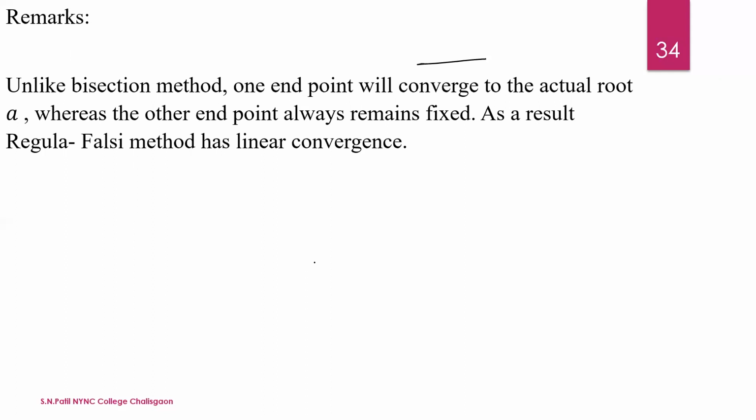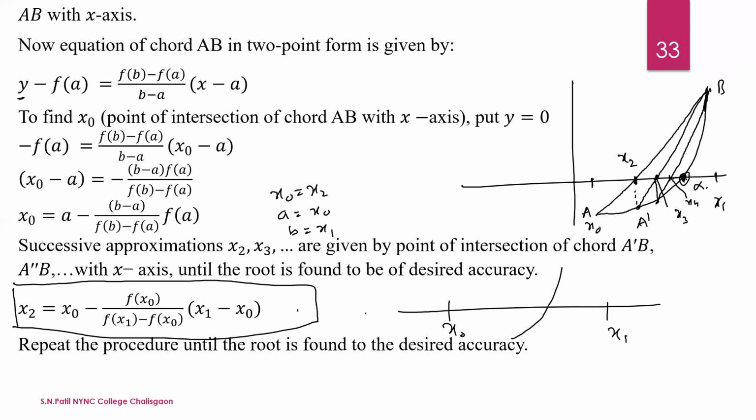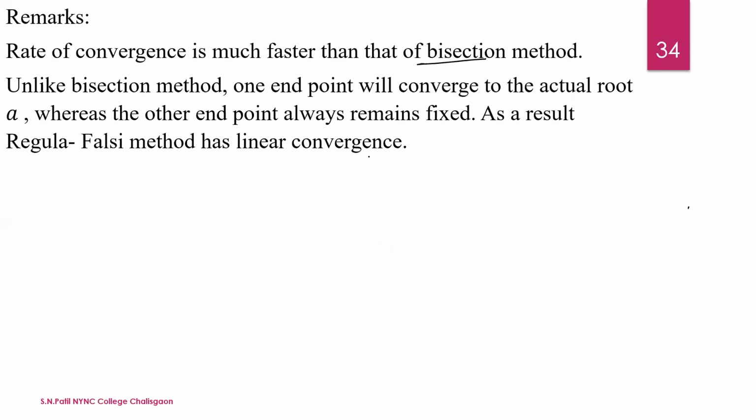See, we have seen this end is fixed, and the first chord, the false position x2, shifts to x3, then shifts to x4, but the other end is fixed. As a result, the regula falsi method has linear convergence.